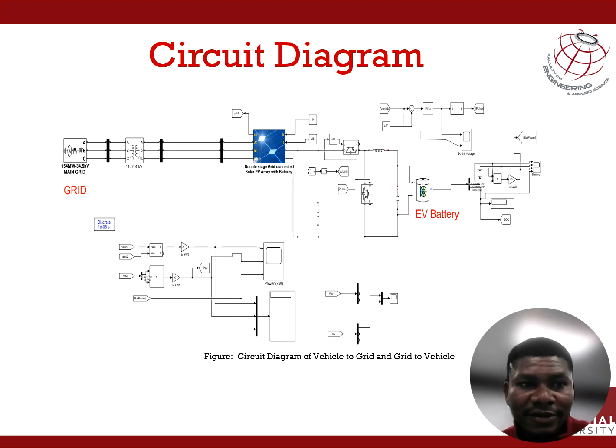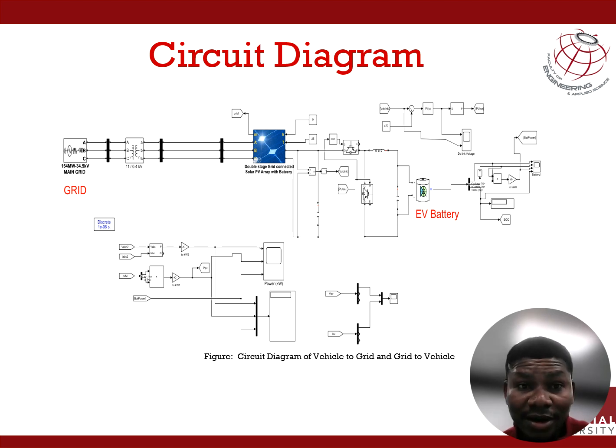Now, the circuit diagram of the V2G and the G2V system involves bidirectional power flow between the electric vehicle and the electric grid. It allows electric vehicles to charge from the grid and discharge stored electricity back to the grid when needed.